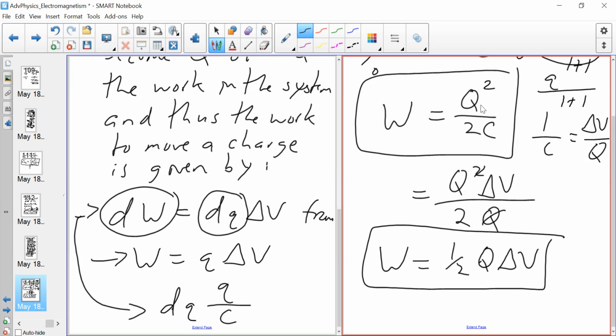This will be the expression for work when you know charge and capacitance. So again, the amount of work to bring one charge from the battery up to the plate to make big Q is given by at least two expressions here.